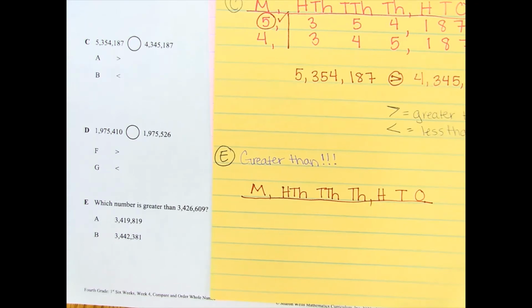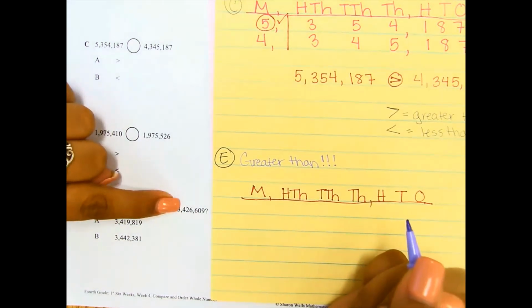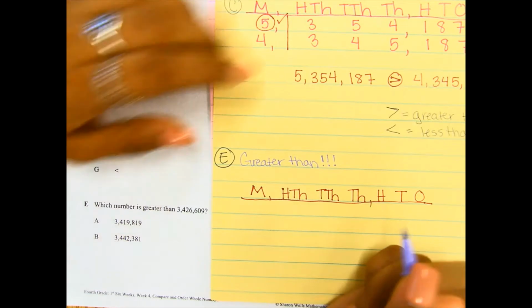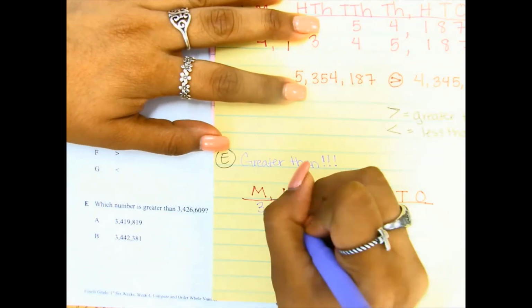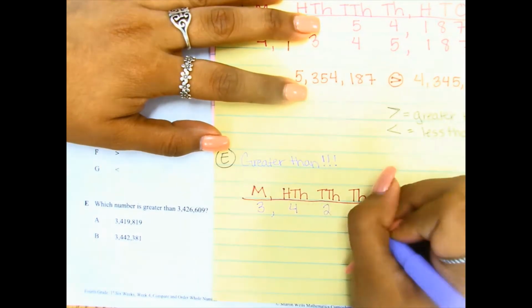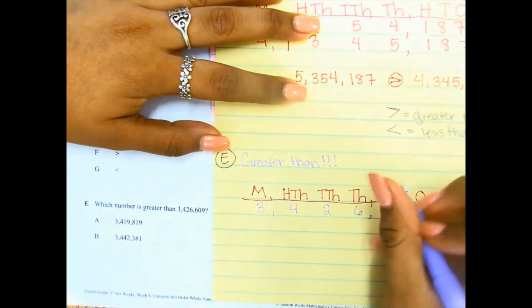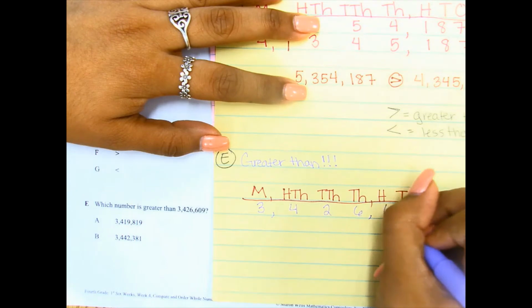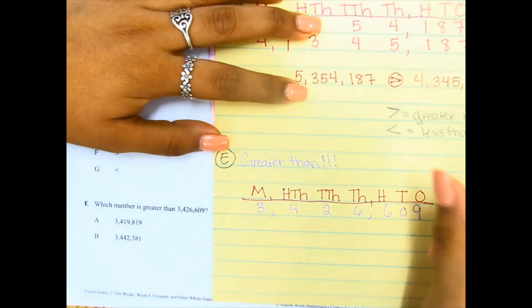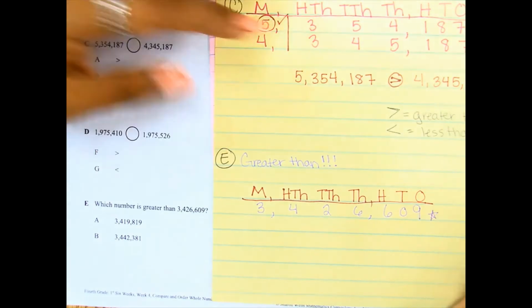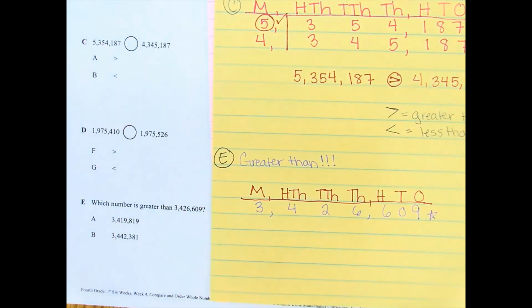So the number, I'm going to first put this number here that is given to me. I'm going to look at this one. So I'm going to first write this down. 3,426,609. This is the number that we're looking for. This is the number that we're comparing with everything else. So now I'm going to write the other two.